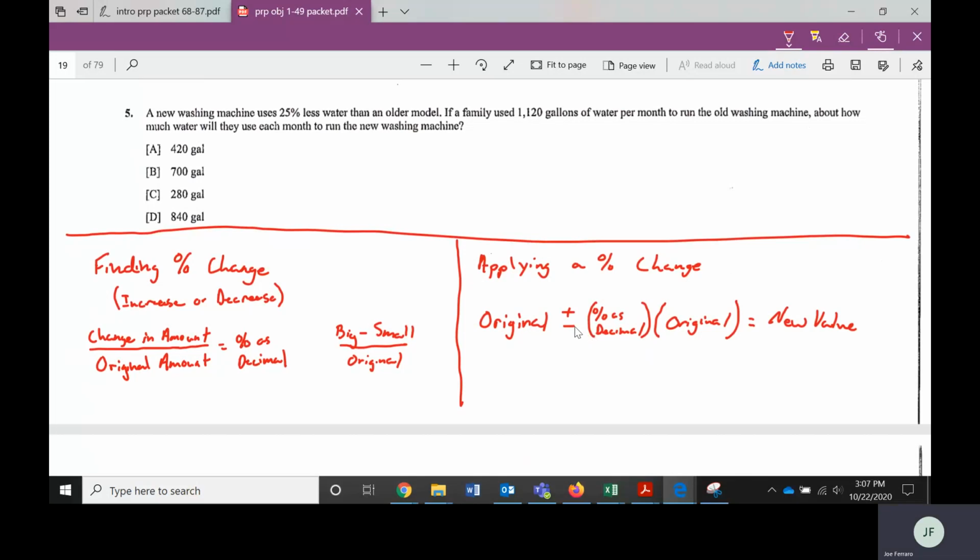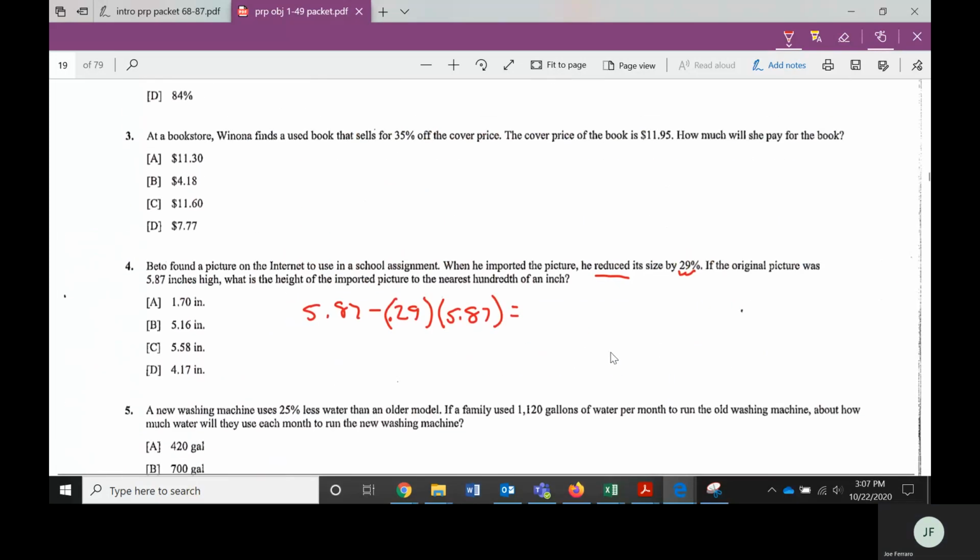Okay, original. In this case, it was minus the percent as a decimal times the original. Okay, so we're going to go 5.87 minus, so I'm going to take 0.29 times 5.87. Now I'm going to write it out exactly as I see it.